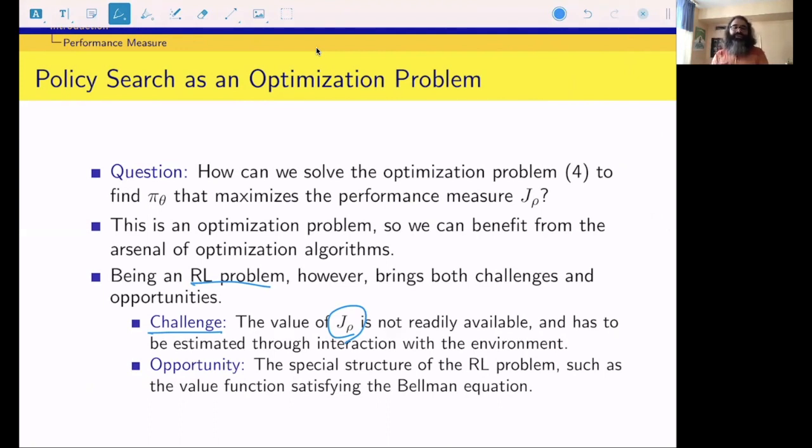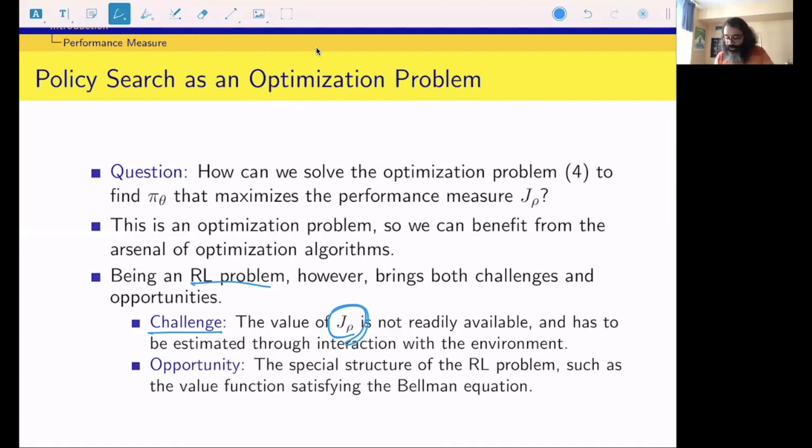So the agent should interact with its environment, estimate the value function, and then average it over a set of states in the state space in order to estimate J of rho. This is not an easy computation.